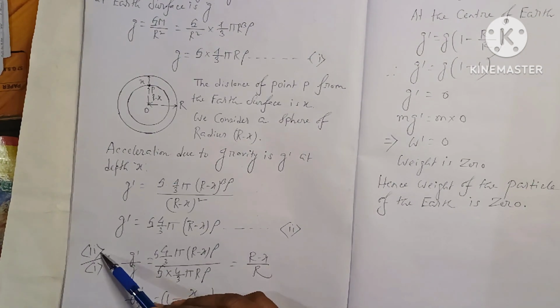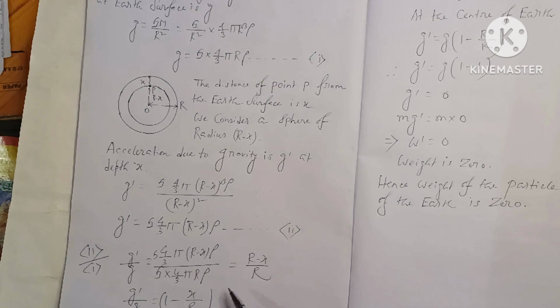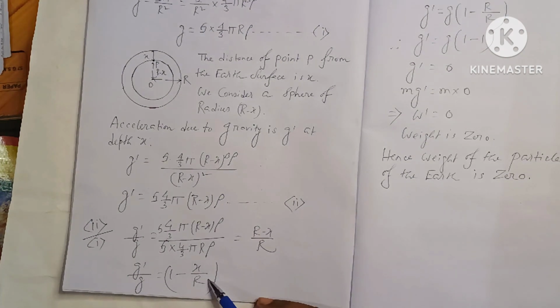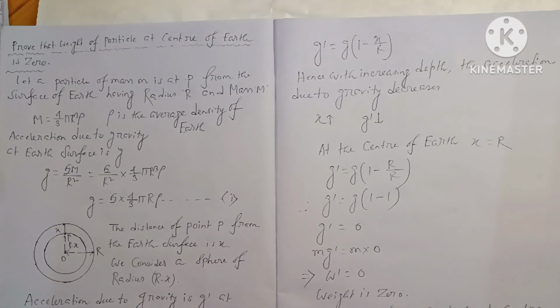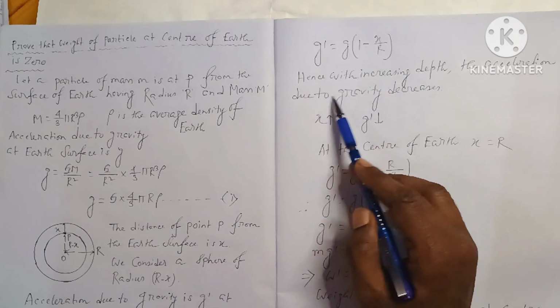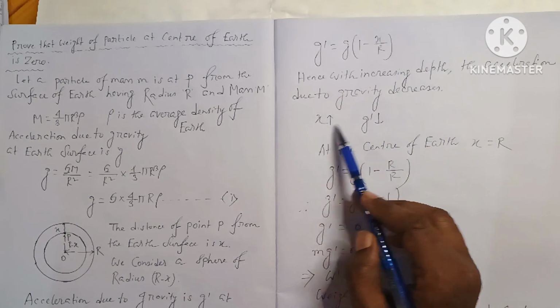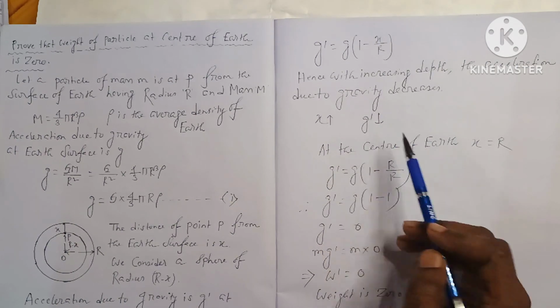Dividing equation 2 by 1, we get g dash by g equals 1 minus x by r. Hence with increasing depth, the acceleration due to gravity decreases. As x increases, g dash decreases.